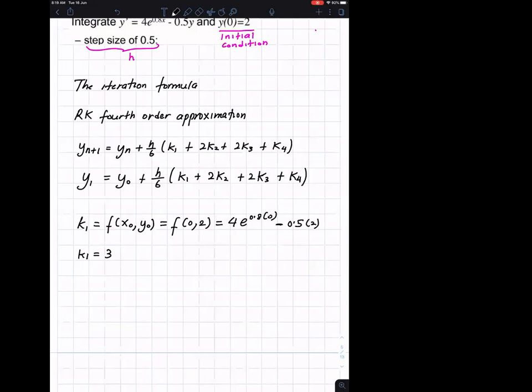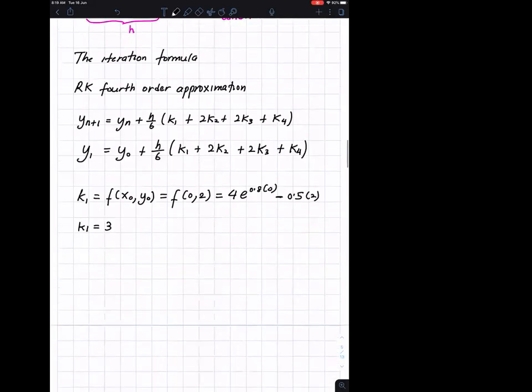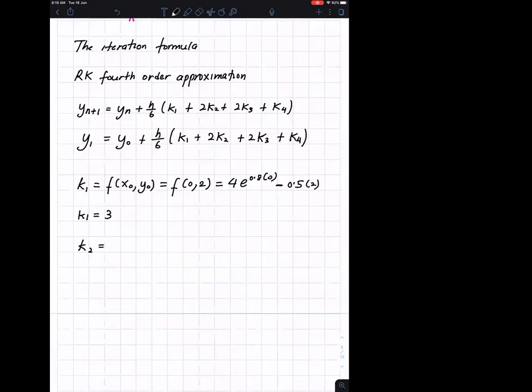So that's K1. Then you find K2. You have to remember all these formulas as functions of the differential equation. This time you plug in not x naught, y naught, but x naught plus half the step size, and y naught plus half the step size multiplied by K1.